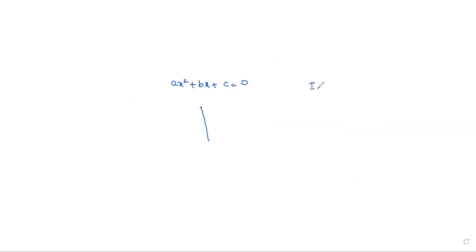If a value, that means comparing ax square plus bx plus c, a value greater than 0, okay, the graph is form of parabola, open upward diagram form.